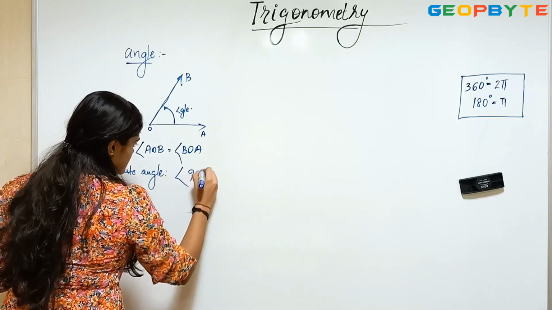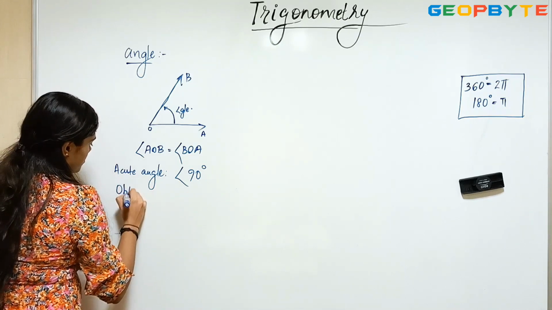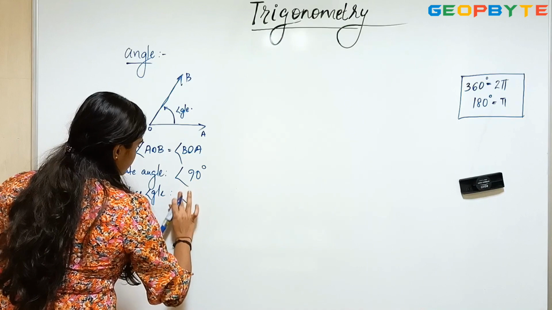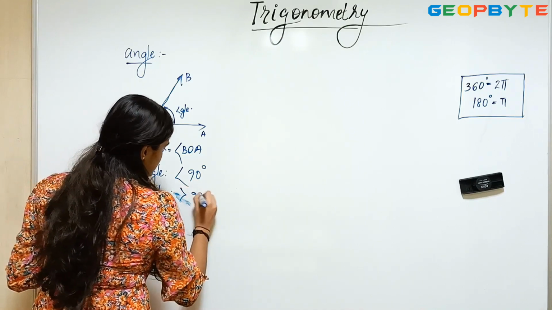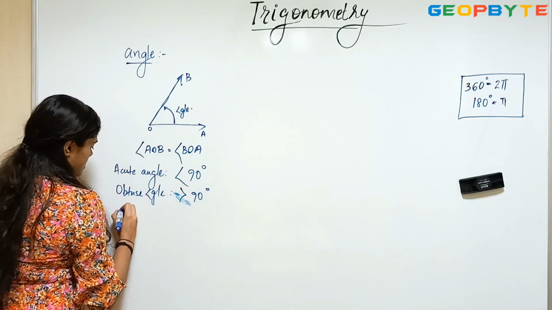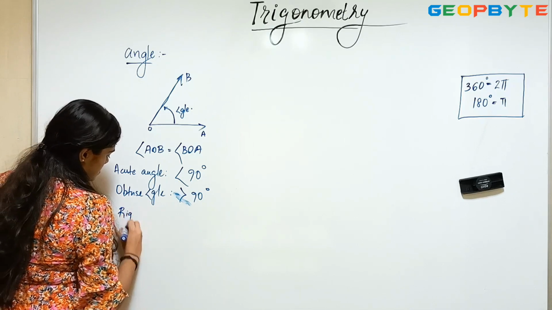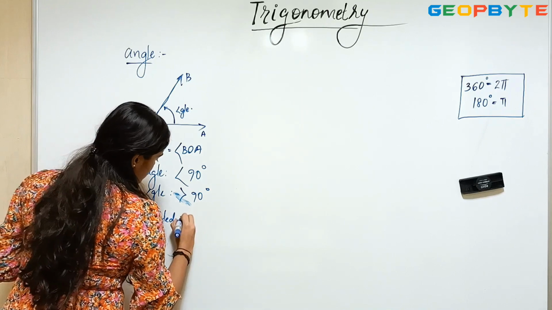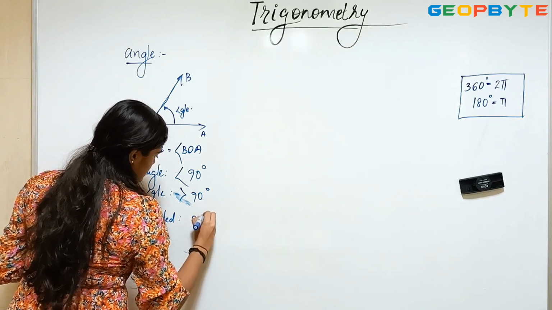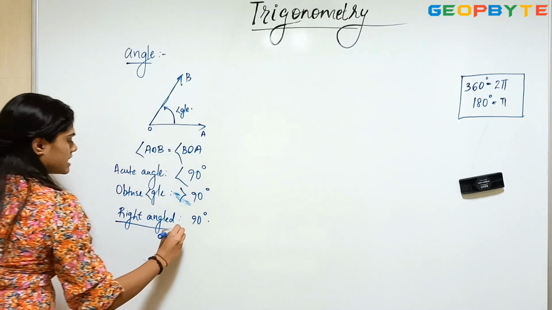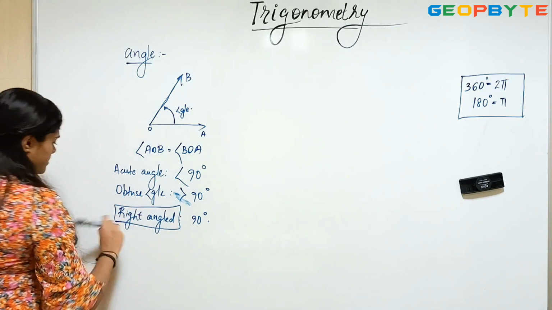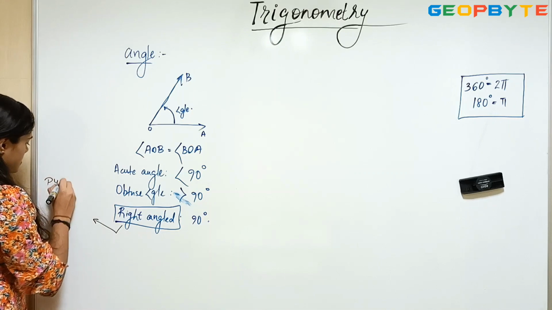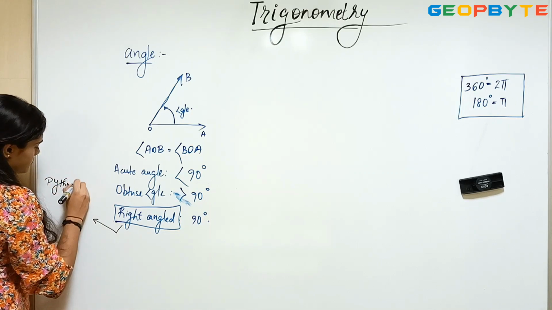We already know what an acute angle is, which is less than 90 degrees, what an obtuse angle is, which is greater than 90 degrees, and a right angle, which is at 90 degrees. For a right-angled triangle, we have learned the most important theorem, that is the Pythagoras theorem.